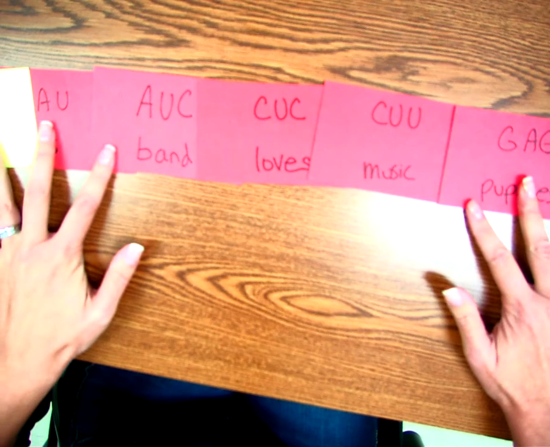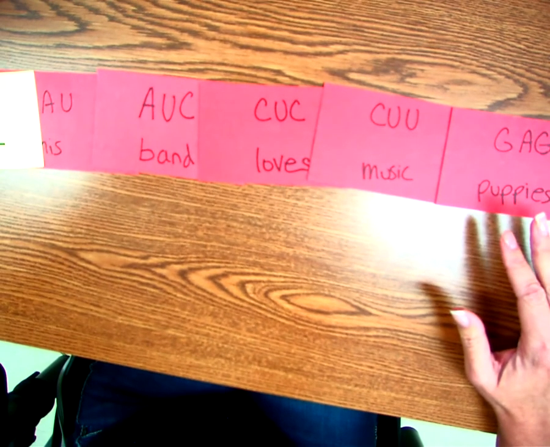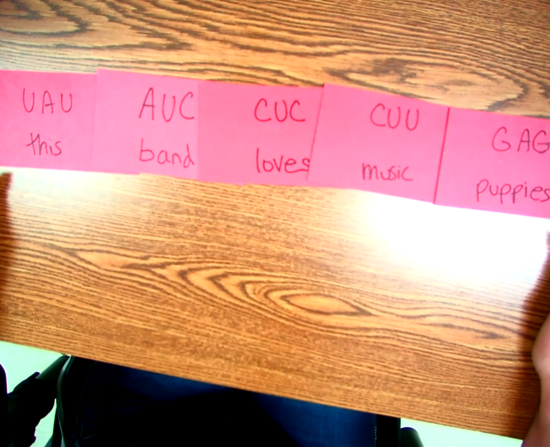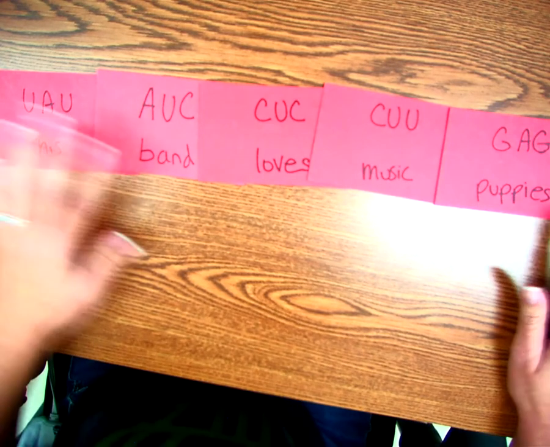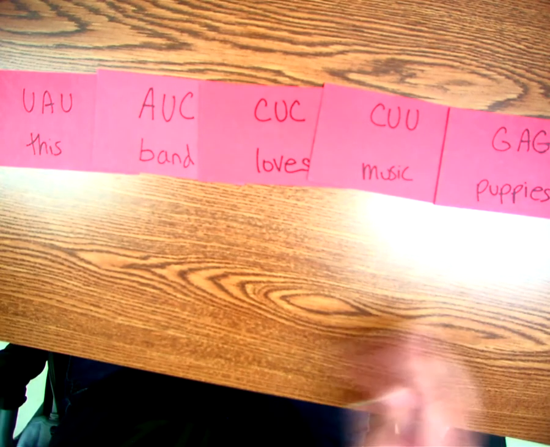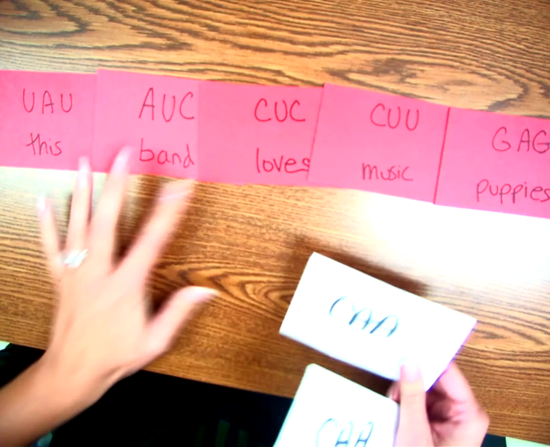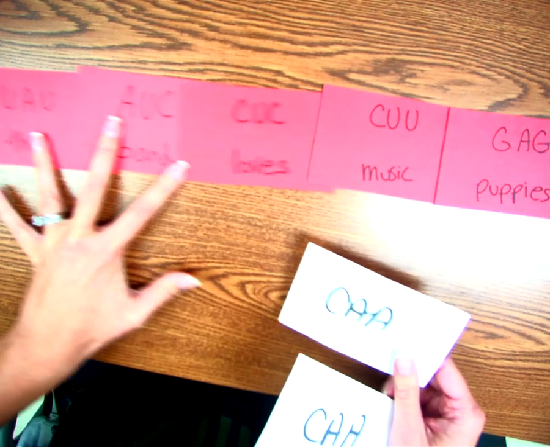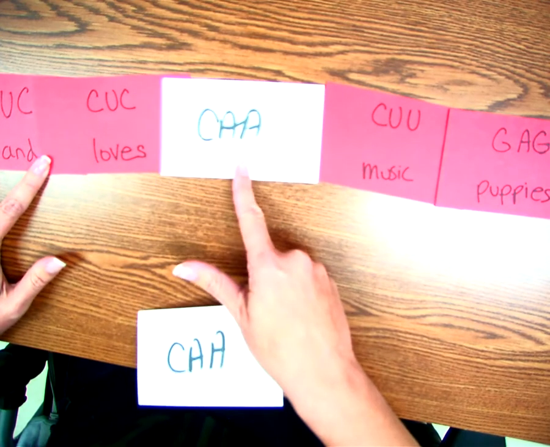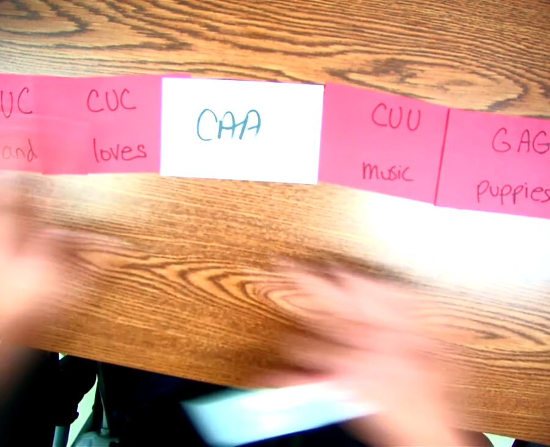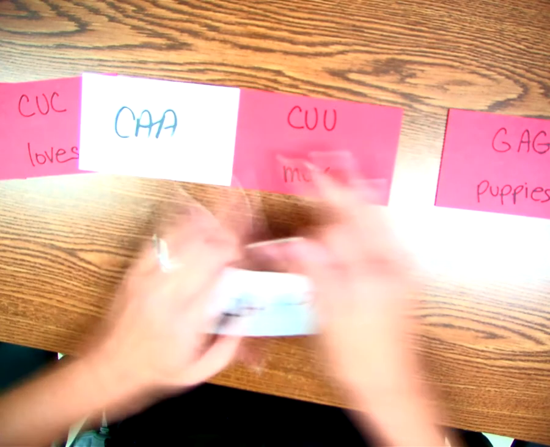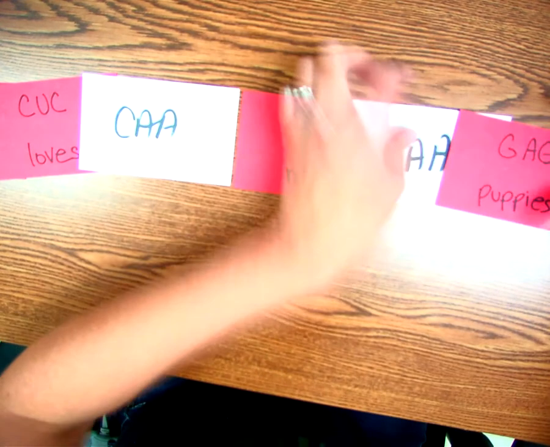You can stick those on here, but additionally, I'm going to try to stick some introns in there in some strategic places. So I might move this band loves over to the side a little bit and put a CAA, an intron, between music and then puppies.